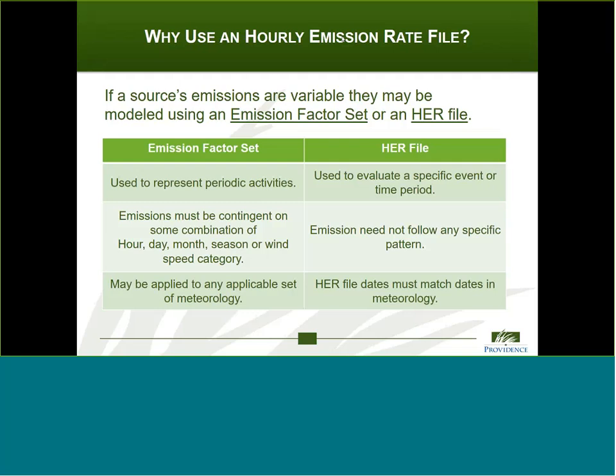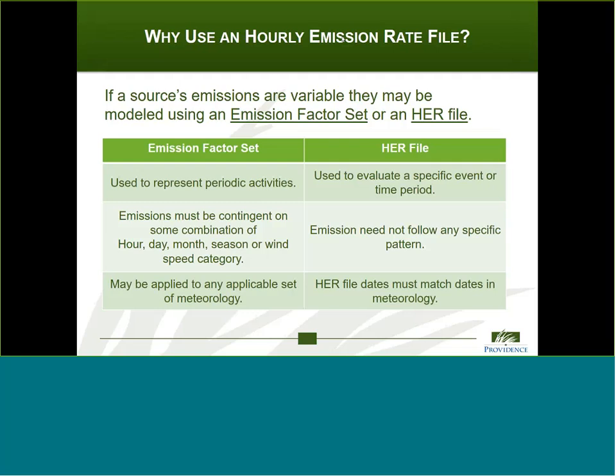Or if it operates at a higher load in the summer than it does in the winter, you can adjust the emissions with an emission factor set. You can apply this emission factor set to any applicable set of met data, so it's pretty flexible in that sense. But you have to have some kind of activity that is periodic that can be predicted based on hour, day, month, season, or wind speed category.